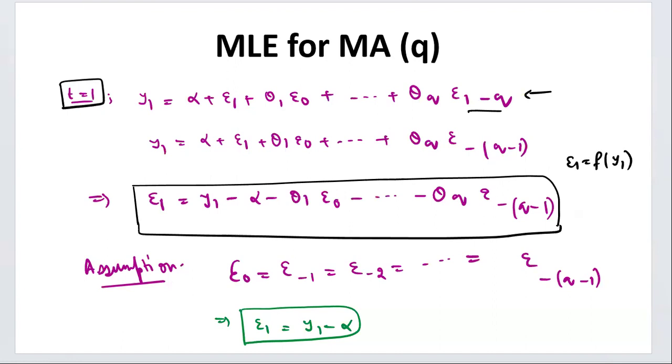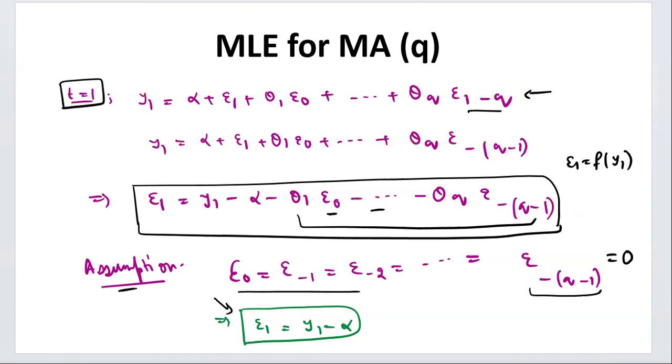Now, instead of only epsilon naught being 0, you have to assume epsilon naught, epsilon minus 1, epsilon minus 2, all the way to epsilon minus q plus 1, are all 0. Again, we are finding the conditional likelihood, hence we have to make this assumption. If you do that, this entire expression will be 0, and you will be left with only epsilon 1 equals y1 minus alpha.